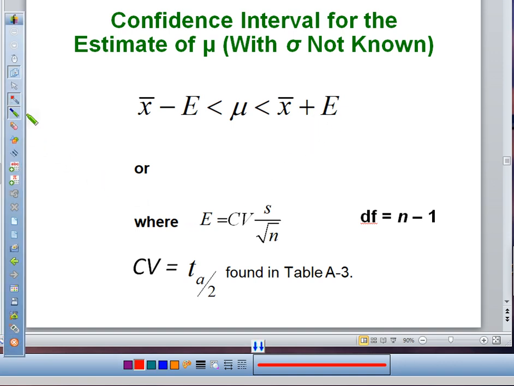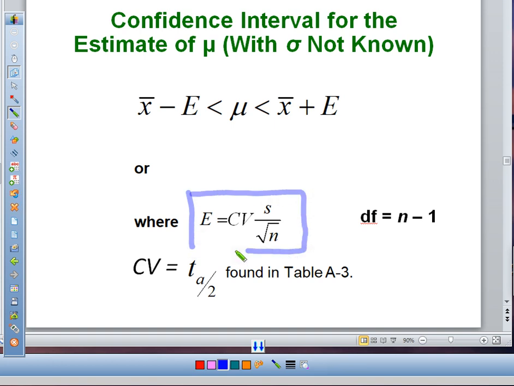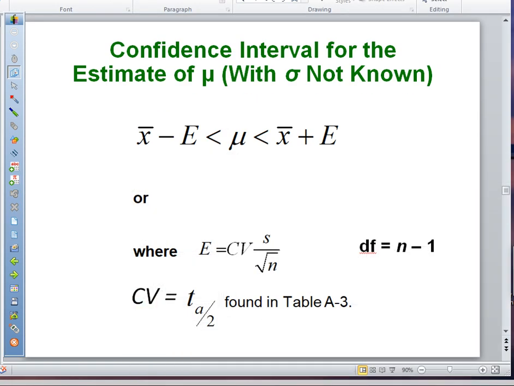But the difference is our error is now our critical value times, instead of sigma, S. Instead of sigma, we're using S. And for our critical value, instead of using a z-score, we're going to use a t-score from the t-table instead of the z-table, where our degrees of freedom is n-1. Degrees of freedom comes into this t-table because your sample size changes, adjusting your t-score basically.